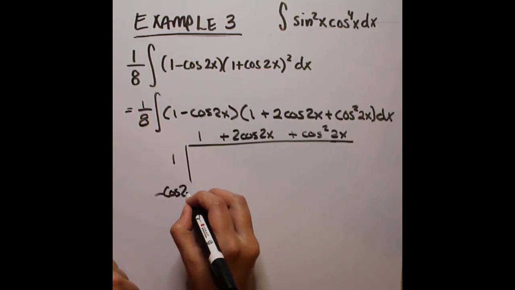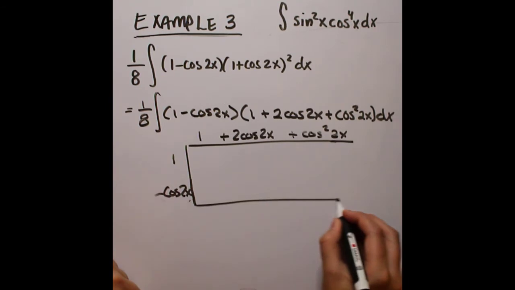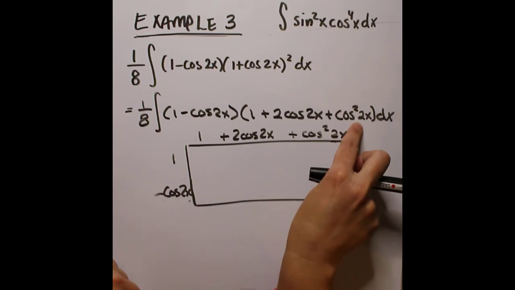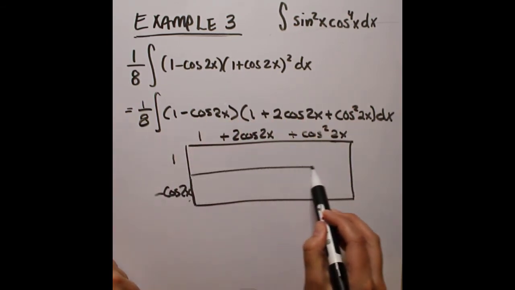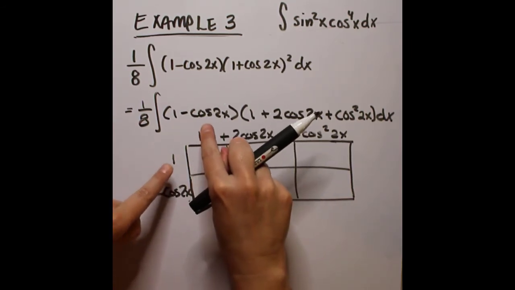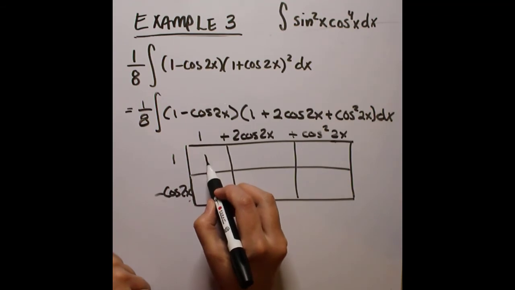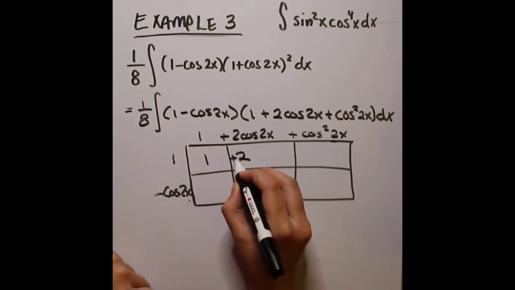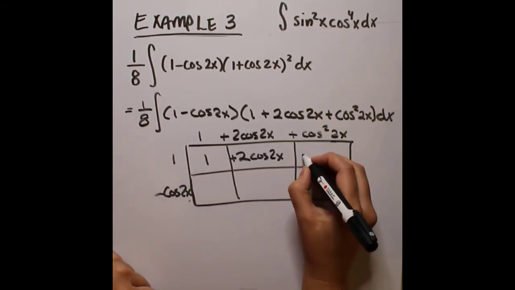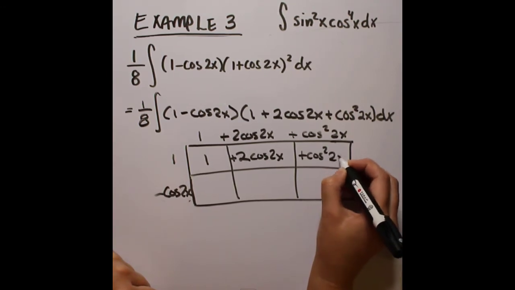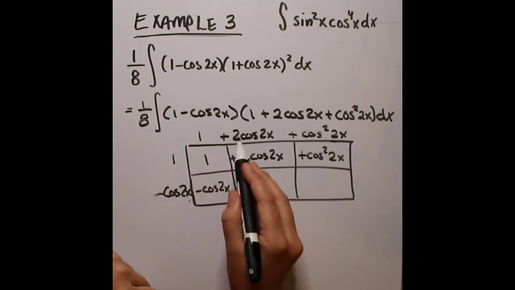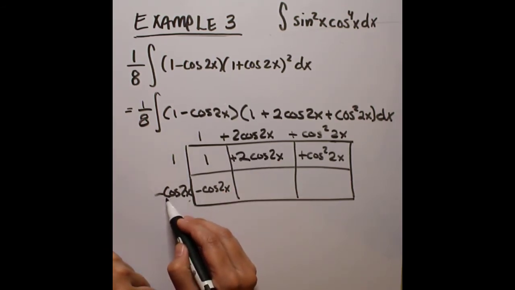Minus cosine 2x. Okay. And so what you can do, the size of this box, you have 2 terms times 3 terms. So 2 times 3 is 6. This box is going to have 6 squares in it. And then with this box method, you just multiply row times column. So this is 1 times 1, 1 times 2 cosine 2x, 1 times cosine squared 2x, 1 times negative cosine 2x, 2 cosine 2x times negative cosine 2x.